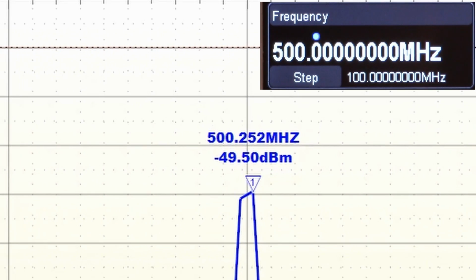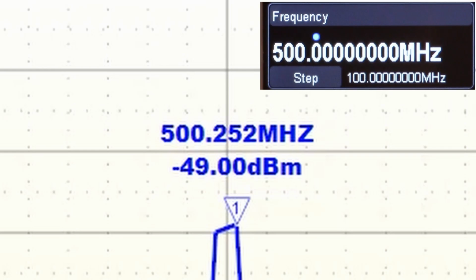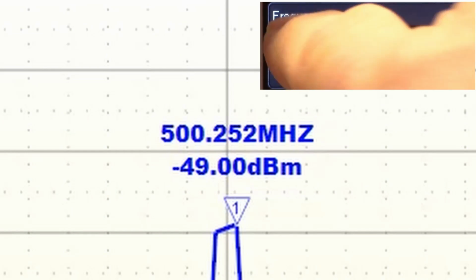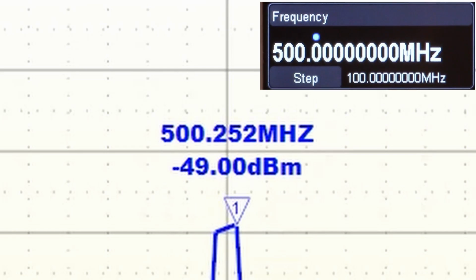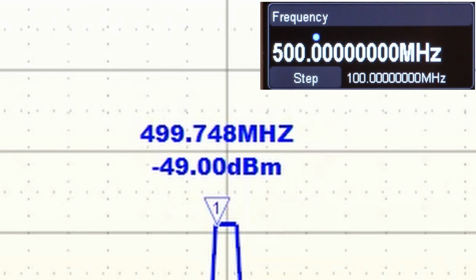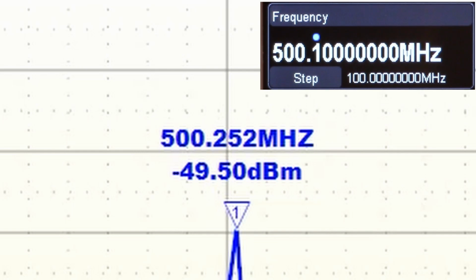You can see here my frequency that I'm set to is 500 megahertz. Notice the frequency that's being reported by the RF Explorer. Now watch as I change by tenths of a megahertz. Watch the readout on the RF Explorer. Up 0.1, nothing has changed.